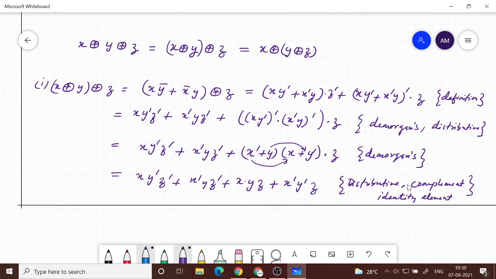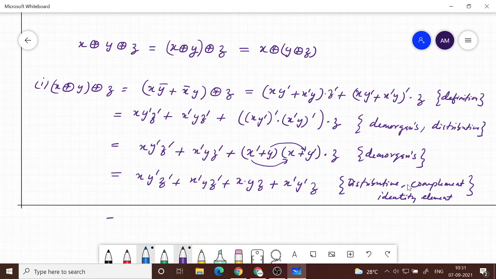Now if I start with the RHS, that is this side, I will get exactly the same thing. So how to show that? One thing is just to show it directly. Let me try to show it in a different way. Can I try to reach here?